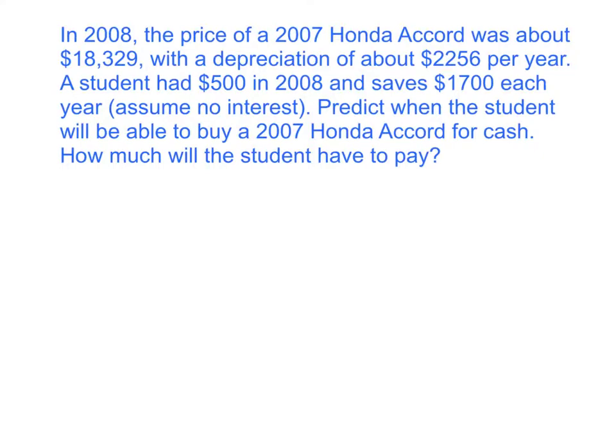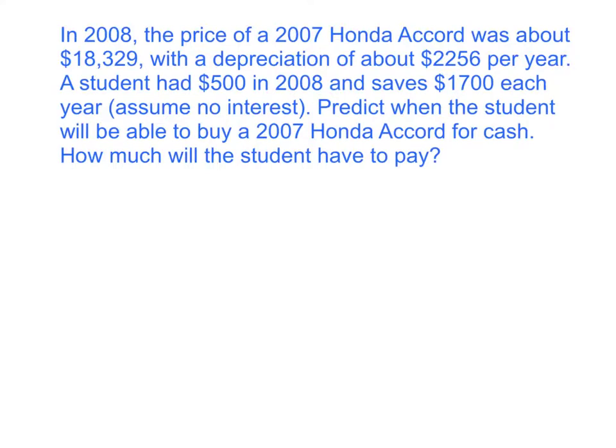A student had $500 in 2008 and saved $1,700 each year, and assume he makes no interest. Predict when the student will be able to buy a 2007 Honda Accord for cash, and how much will the student have to pay? Now, there's a lot of information given there, and the key thing is to be able to break it apart and extract the information that we really need.